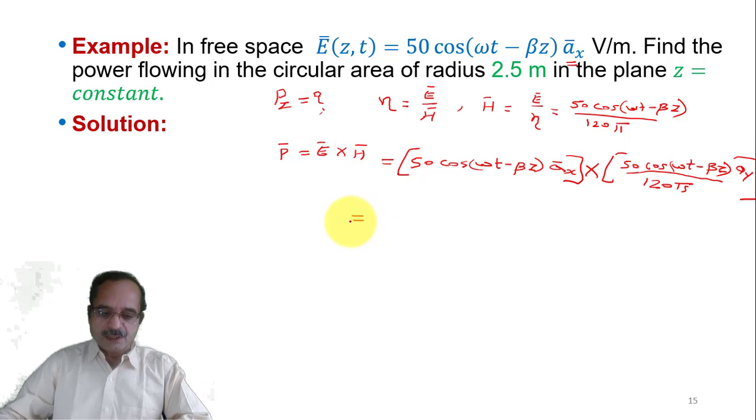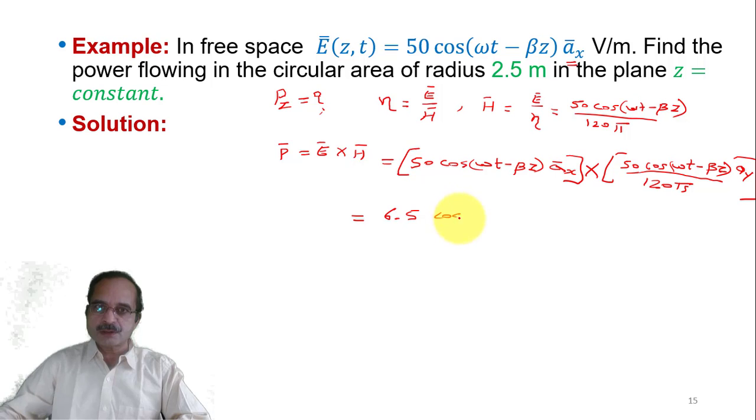So this becomes 50 into 50 divided by 120 pi, which, if calculated, comes out to be 6.5. So this is 6.5 cos square(omega t minus beta z) az, which is the power in watt per meter square.